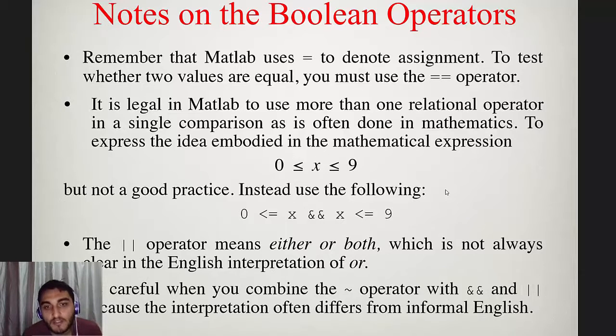Instead use the following: 0 smaller than or equal to x and x smaller than or equal to 9. We use and because it should satisfy both conditions. If you write or, this doesn't work.